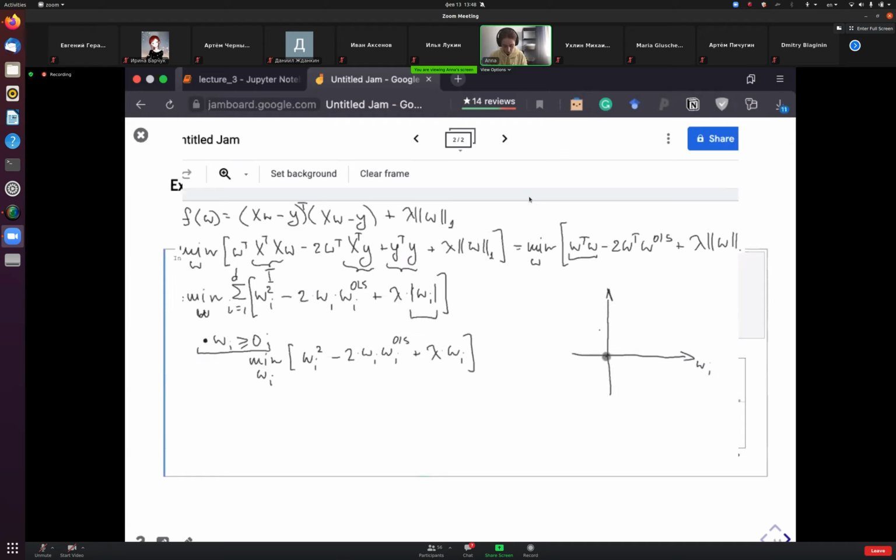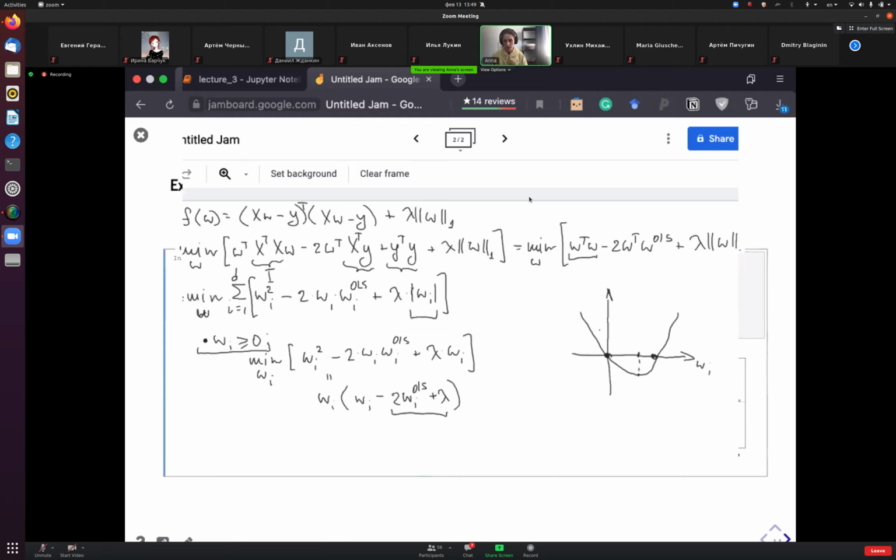So it goes through 0 because it's wi times (wi minus 2 wi OLS plus lambda). So it goes through 0 and through the point 2 wi OLS minus lambda. If this second root is positive, then the parabola will look like this, and the minimum will be this value here.